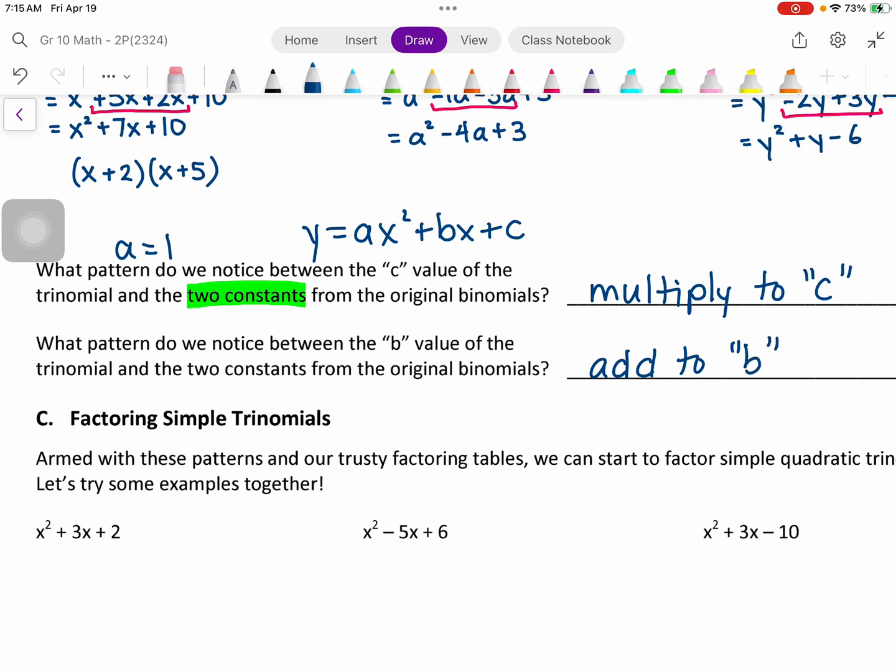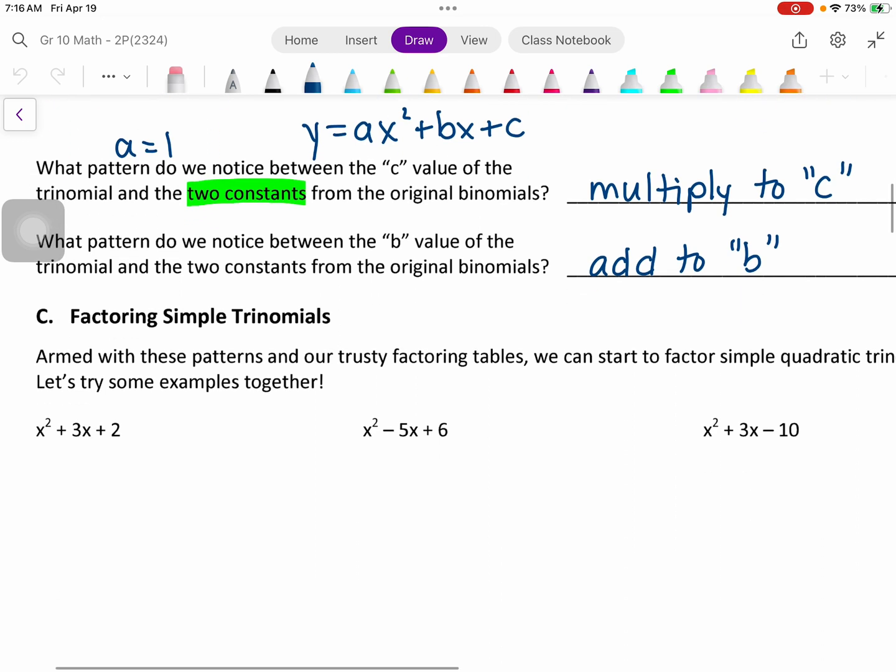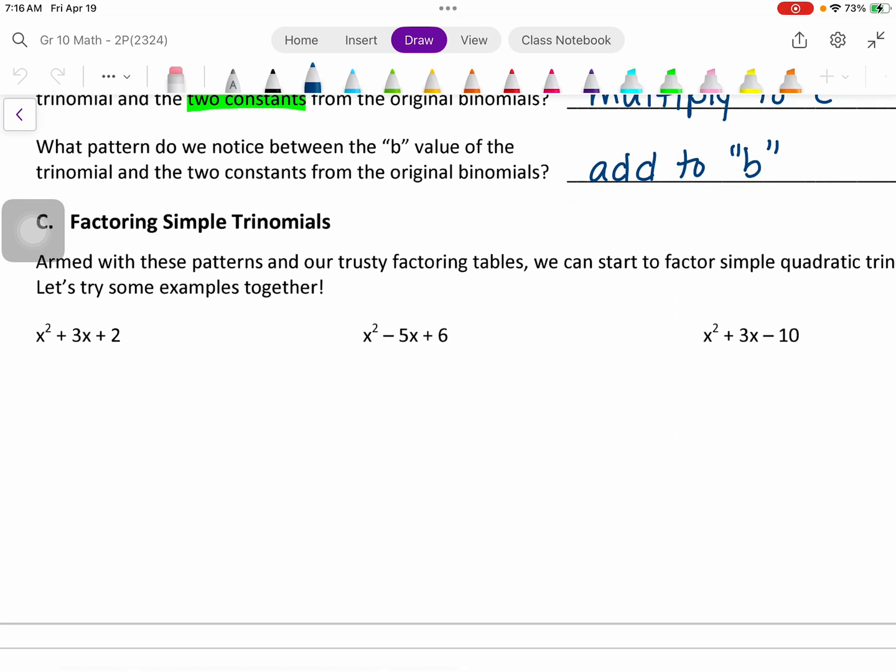So let's try to work backwards then. We're looking for something that multiplies to c and adds to b. So first thing we want to do is identify our c and our b. So the number in front of the x, that's our b.